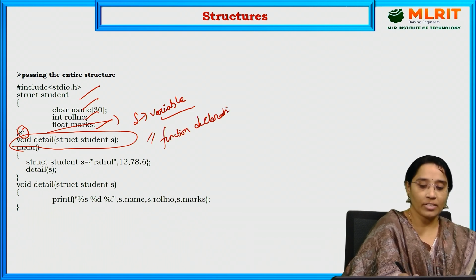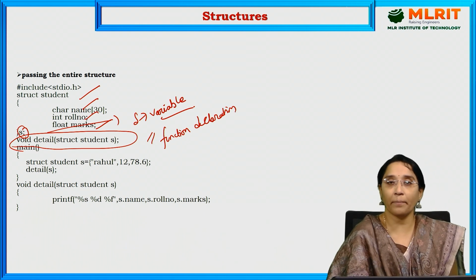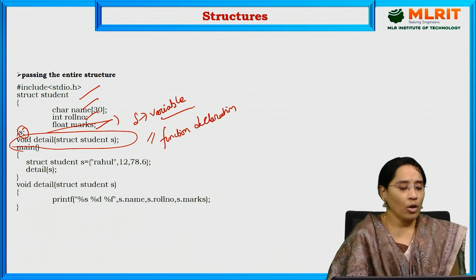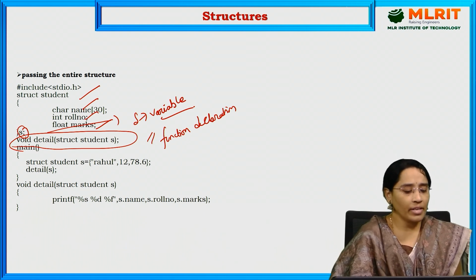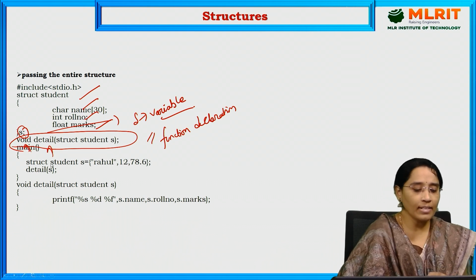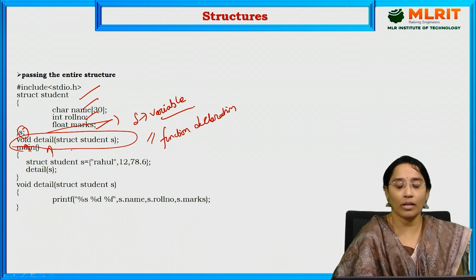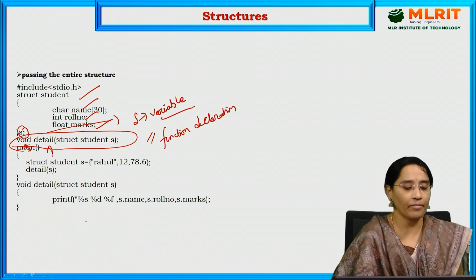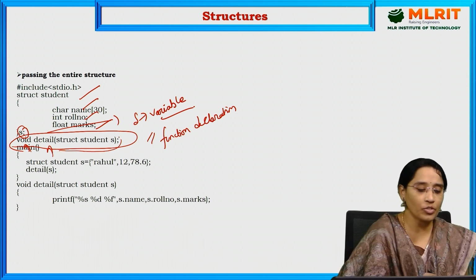The function declaration consists of return type, function name and data type. Here it consists of void as the return type, and the function name is detail, since we are printing the details of a student, and struct student S.